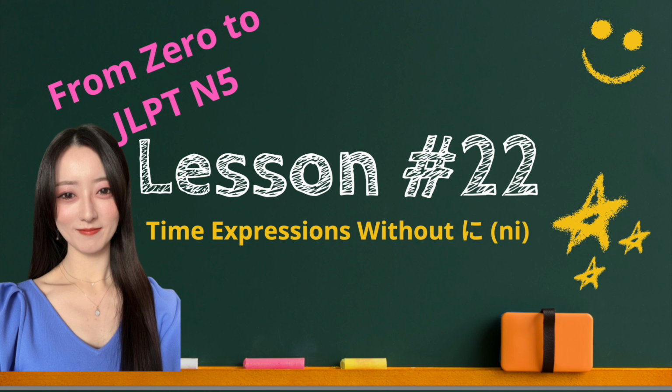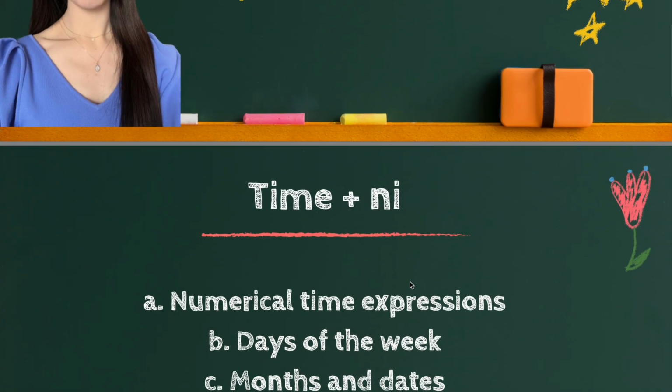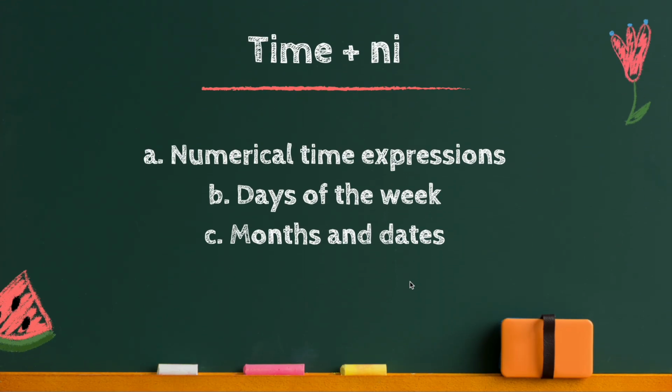But before that, let's review what we have been working on in the past few lessons. As I have explained to you before, whenever you indicate a time in a sentence, you have to put the ni particle after that time expression. Mainly, those three time expressions are the ones you have to use the ni particle with.